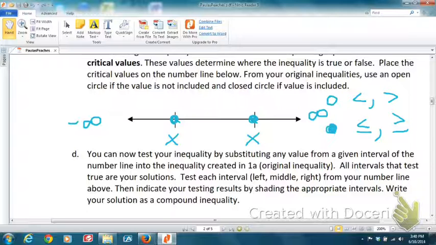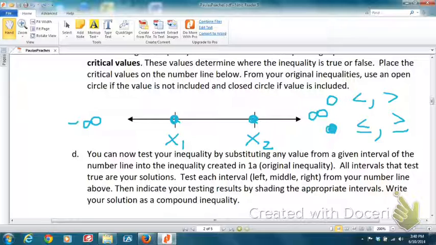Then you go to the middle section. I'll put x sub 1 and x sub 2 because it's two different x's. So here between x sub 1 and x sub 2, you're going to pick a number, substitute it into the inequality, and see if it is true. If it is true, you're going to shade between x sub 1 and x sub 2.